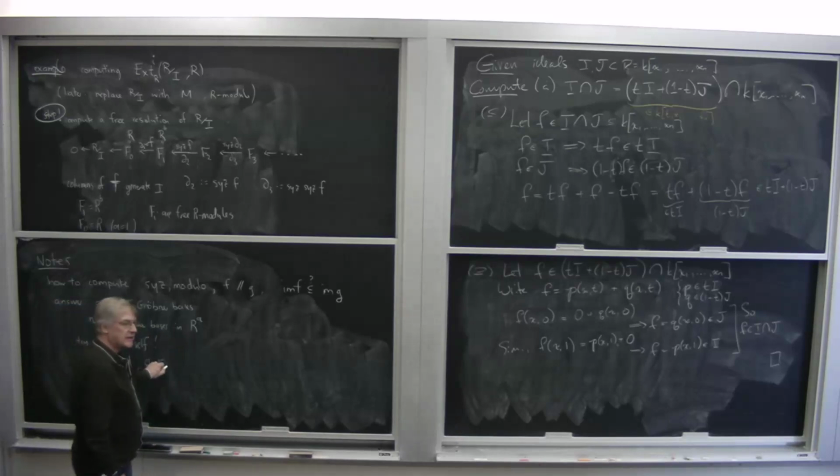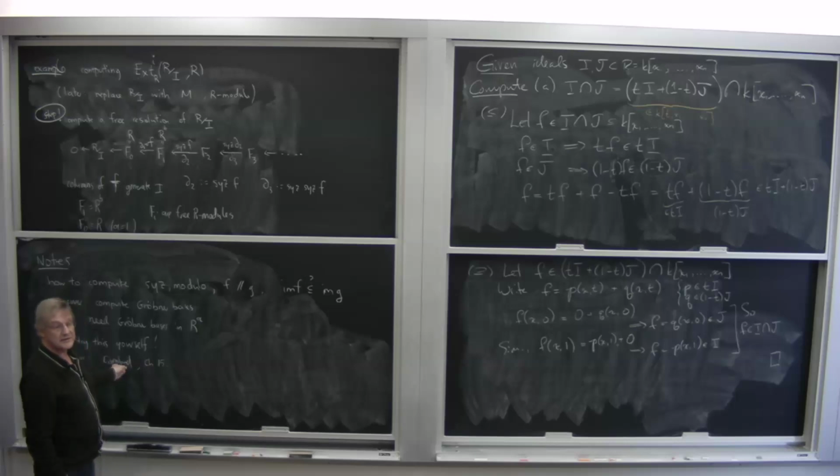I think it's chapter 15. He goes through Gröbner bases for modules right out of the box, so you can look at the definition of monomial order for modules and things.